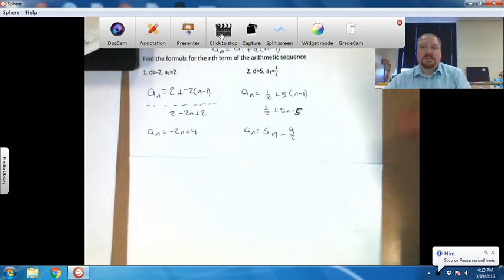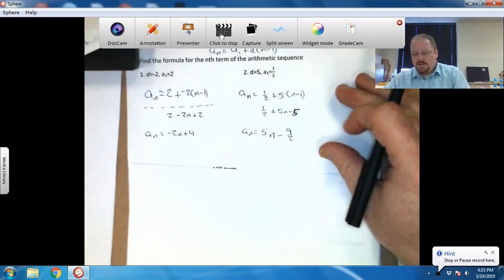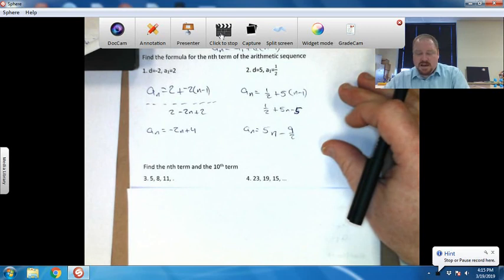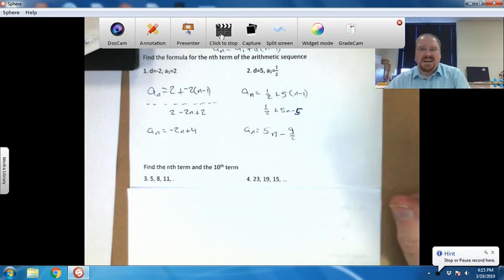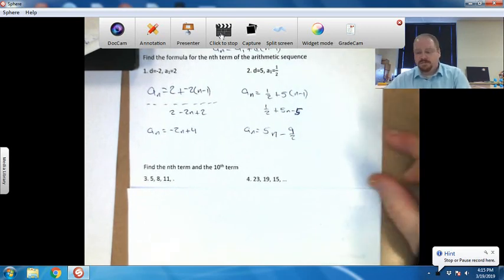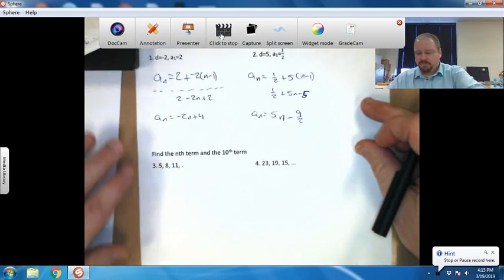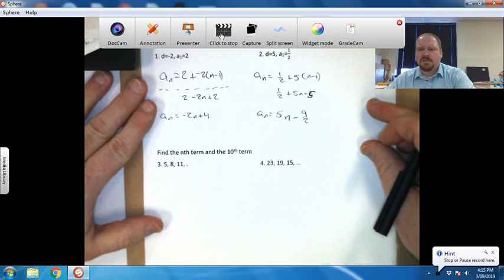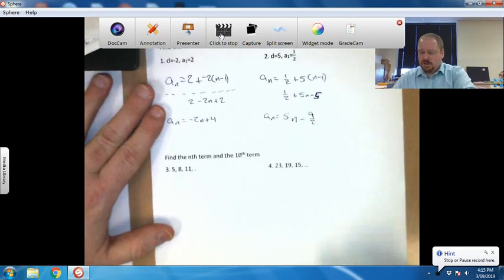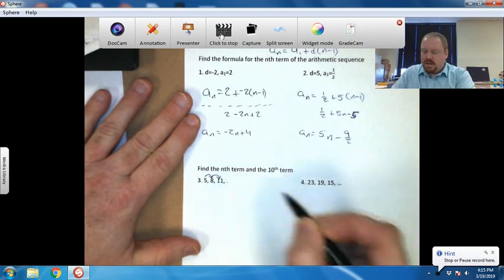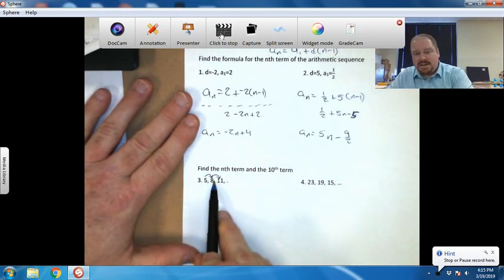But what happens if they don't hand it to you? Okay. What happens if they give you a list of numbers and they say, hey, give me a formula and then find the 10th number in the list? Okay. Well, that's not that bad. So the first thing I have to do is determine how is it changing. So I'm just going to say, what do I have to do to 5 to get to 8?